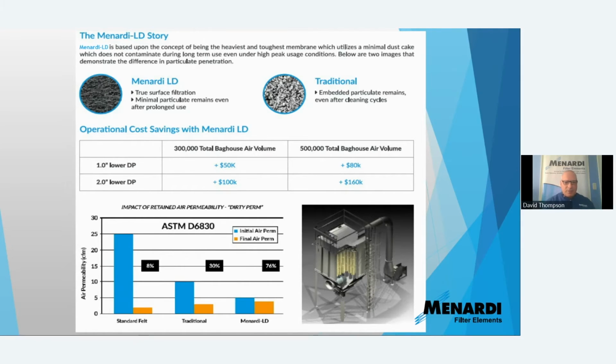Once you've seasoned that bag, you reduce that down to somewhere around 2 or 3 CFM, and it's only operating at about 8% of its capacity. Whereas on the other end of the scale, the low drag is operating at plus 75%. So it's really a highly efficient material that saves cost over the long run in pulse jet and reverse air systems.